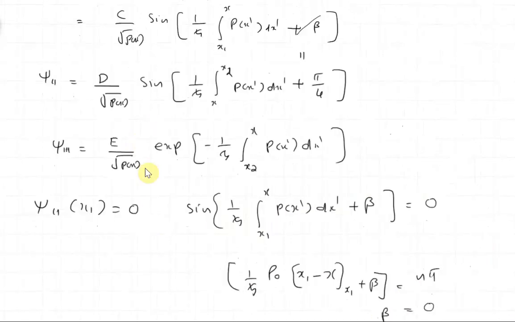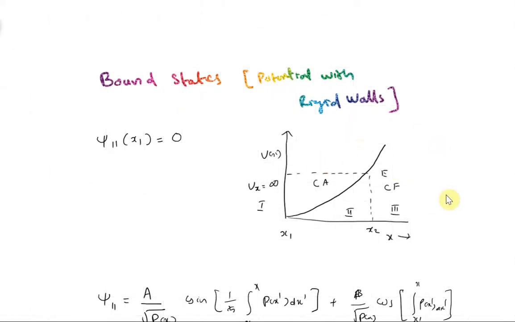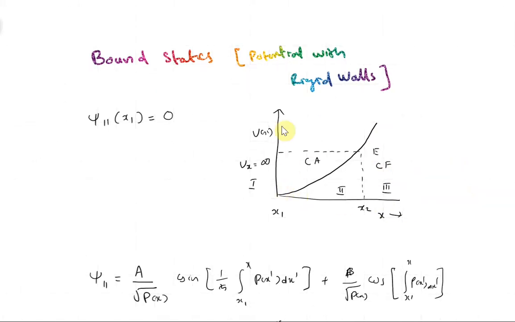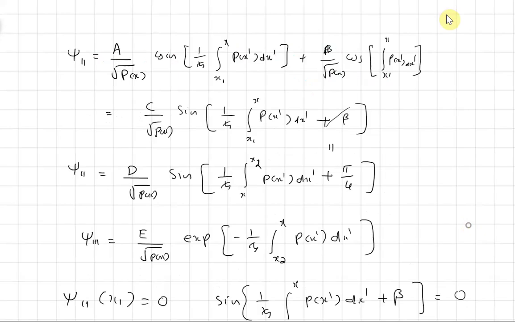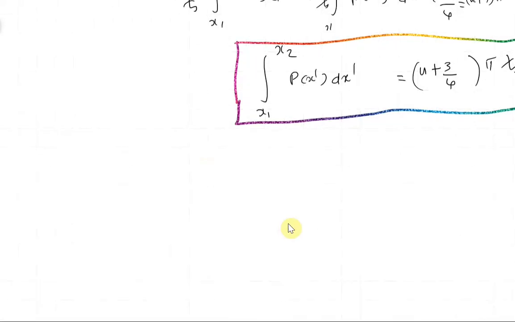Okay, now another case for this rigid wall kind of potential is that when we have a rigid wall on both sides, what will happen? So at both ends we have a rigid wall, and between the two walls you have a potential.